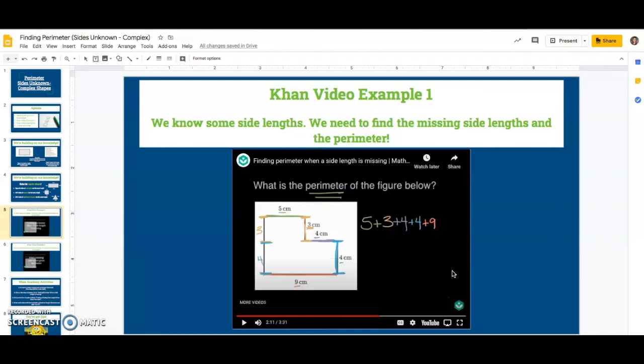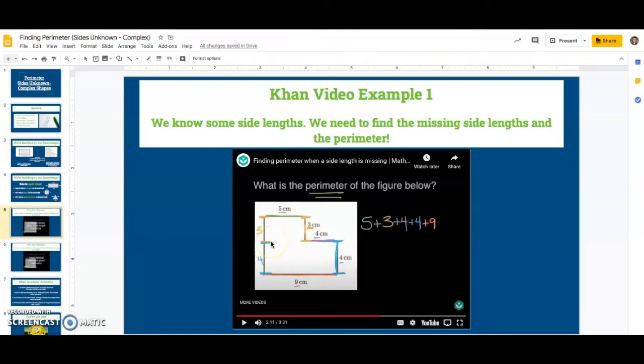If this is confusing for you, what I find helps is to imagine that there's a dotted line right here that splits this big one shape into two rectangles, right? So if I put a dotted line here, I would have one rectangle here, and I would have another rectangle here.